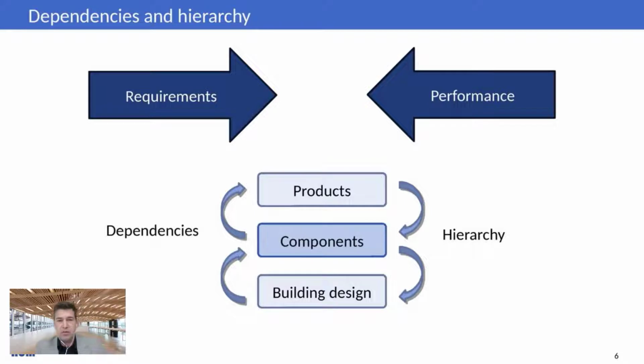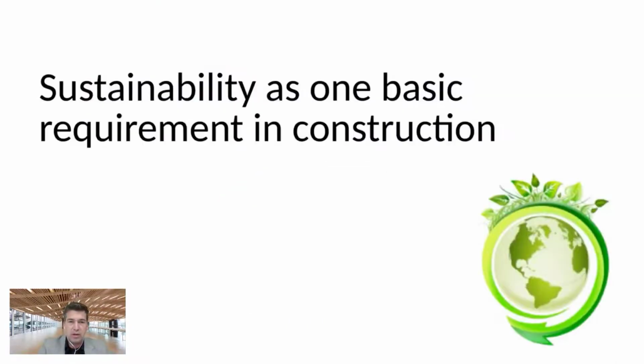So the architect is coming from the building design down to the product, and the industry is producing products which result in components for buildings. And components are the ideal level to optimize in early planning stages. So those are mostly generic solution components which are used in early planning stages.